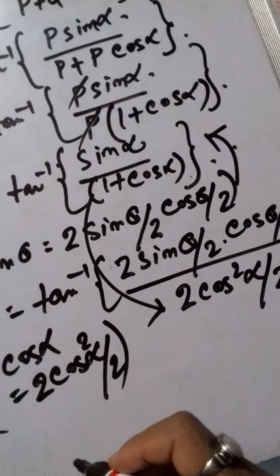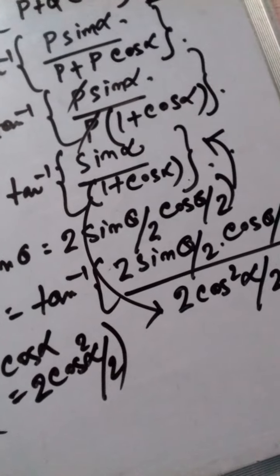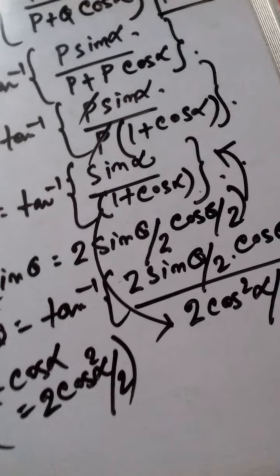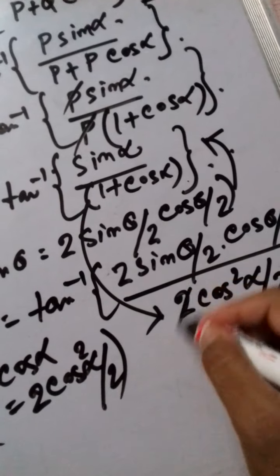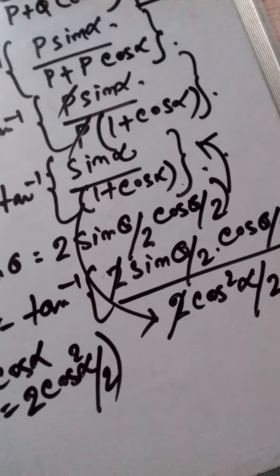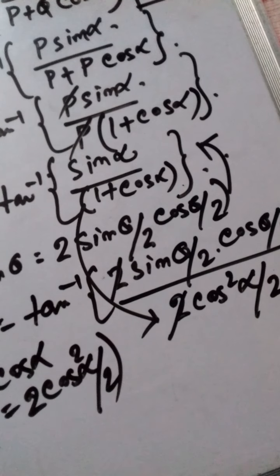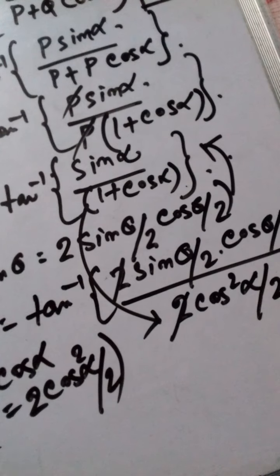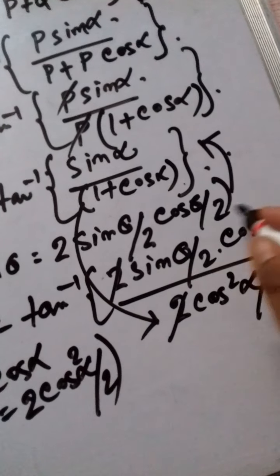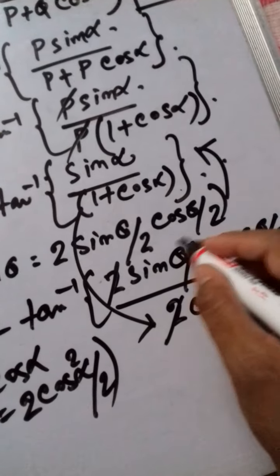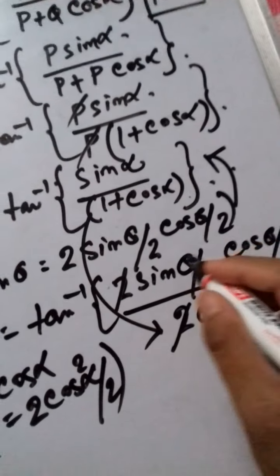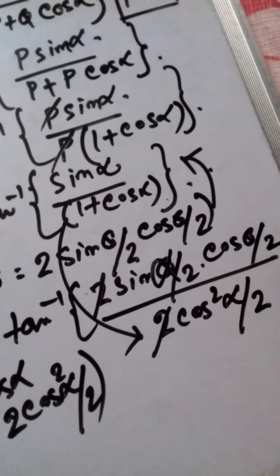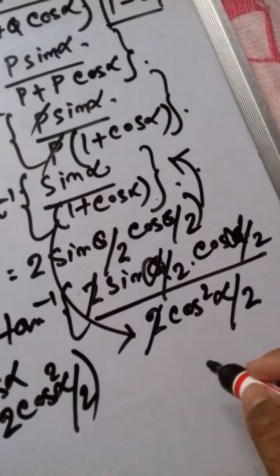Right? Now what will you get? The 2 will cancel out. Sorry, it is not theta because the angle is alpha, so it is sine alpha by 2 and cos alpha by 2, right?